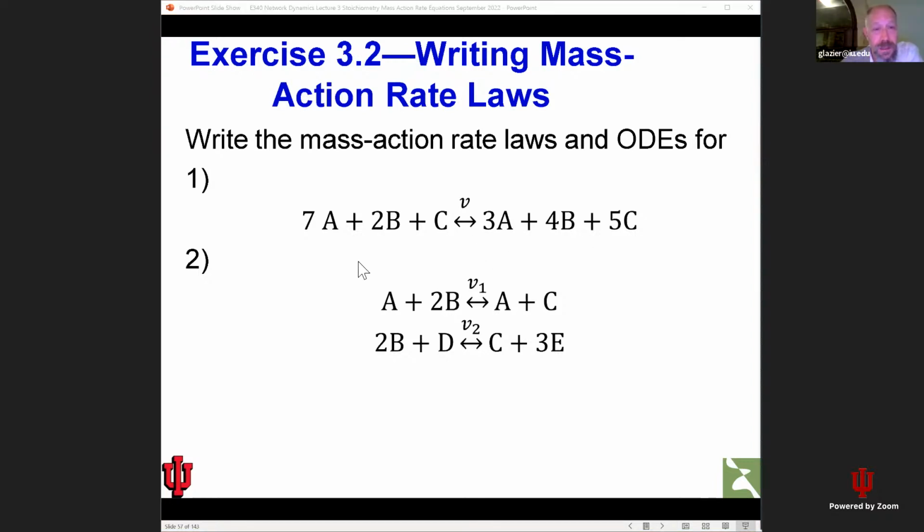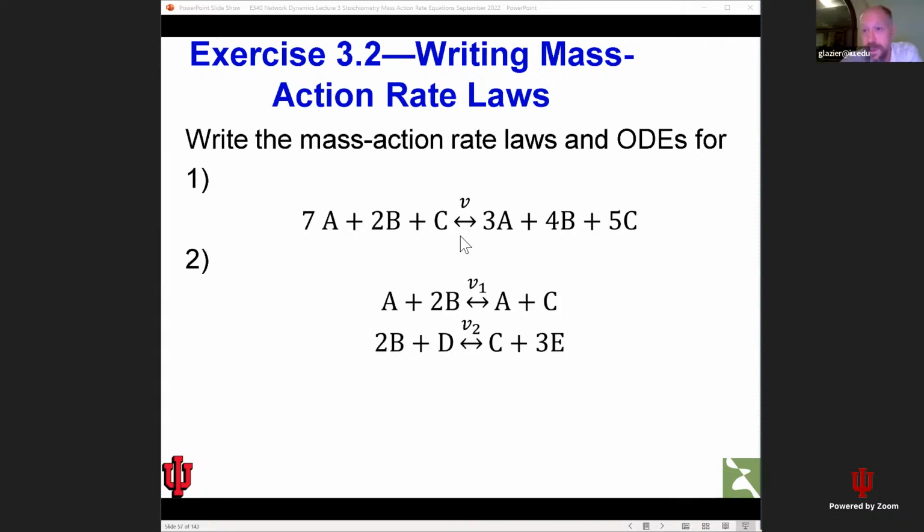Does somebody want to give me what is the V forward for number 1? For mass action. K forward times a cubed times b to the 4th times c to the 5th.